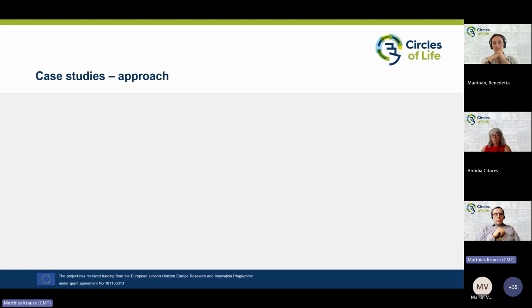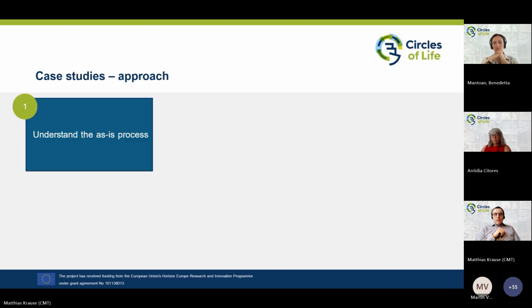Then let's talk about the approach. The first of 6 steps is to understand better how the process which we selected for the case study actually works. The shipyards and the involved suppliers are breaking down the processes into sub-processes.